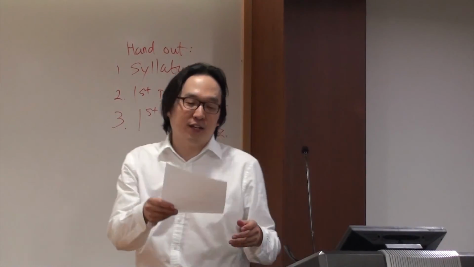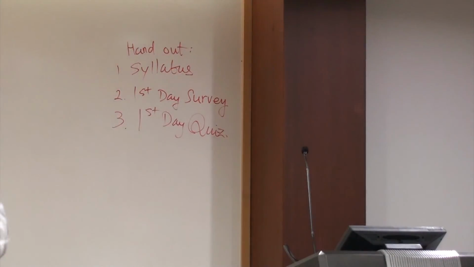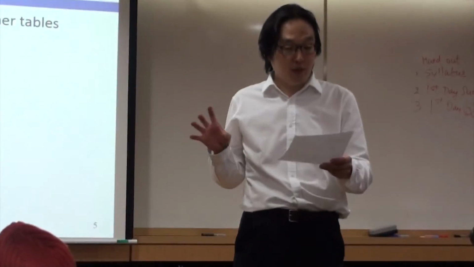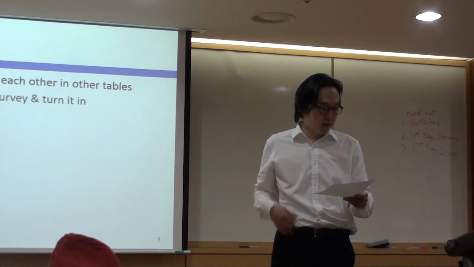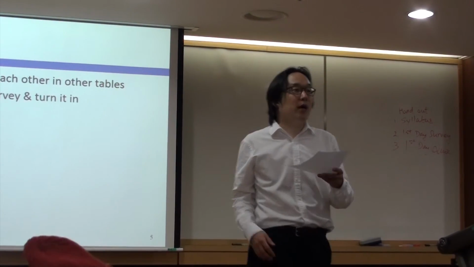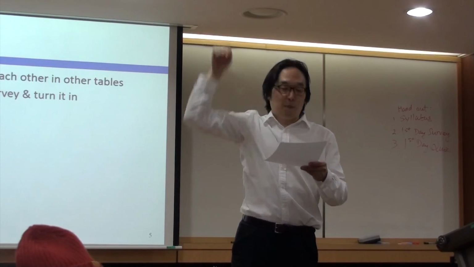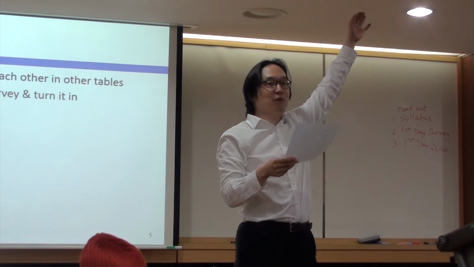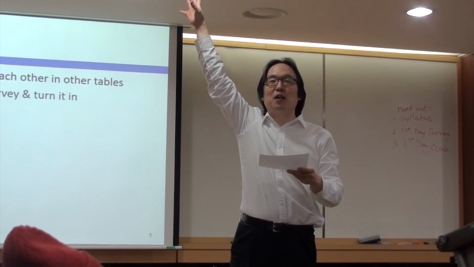All right, let's get started. Question 1: What does the beta of CAPM, the Capital Asset Pricing Model, measure? Please raise your hand. A, firm specific risk. B, diversifiable risk. C, market risk.